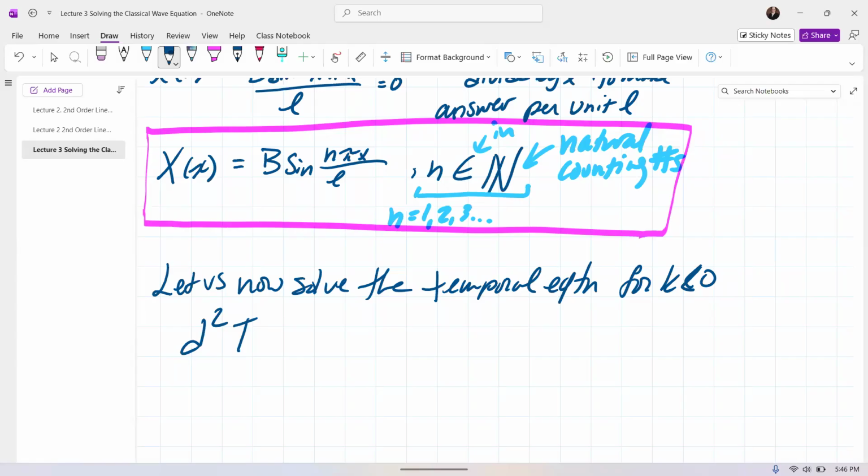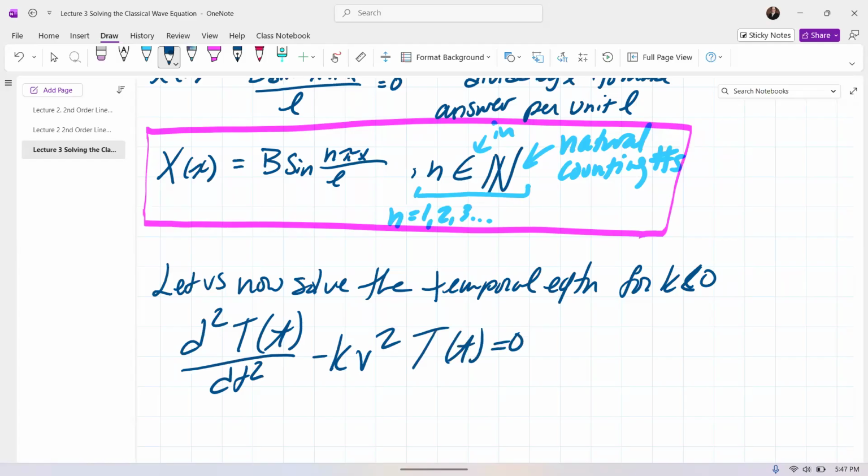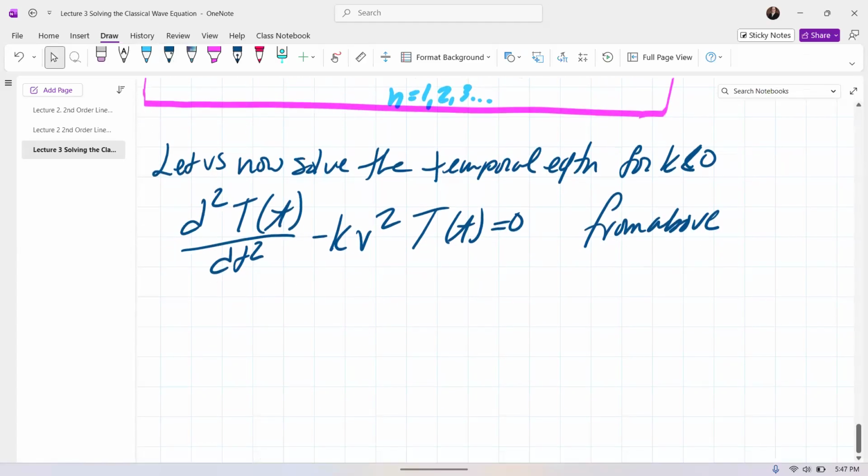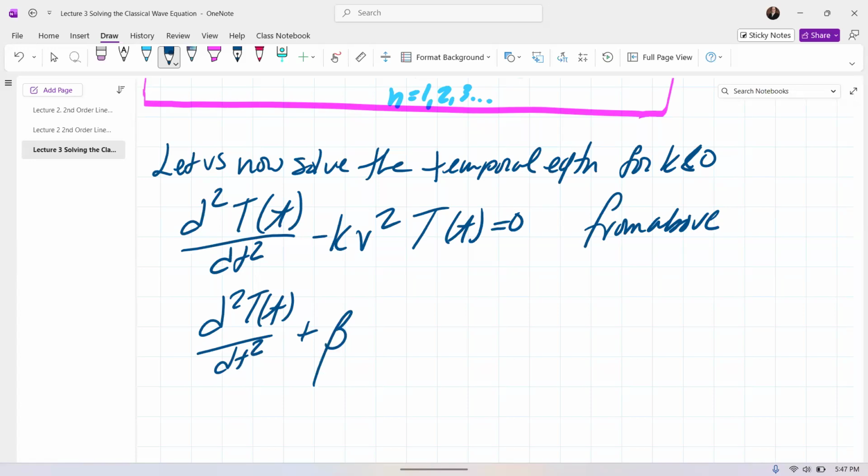So we have the normal d's, d squared T over dt squared minus k v squared T of t equals 0. This is from above when we finished separating the equations. So we're going to do the same thing that we did before.